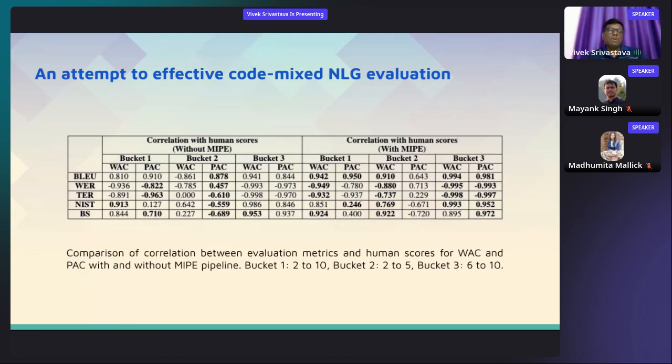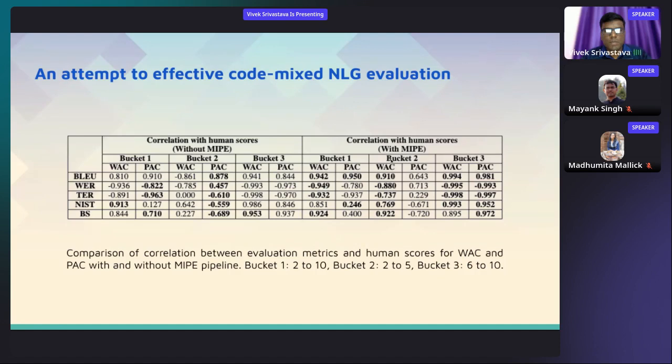So I have initially talked about the correlation between the human scores and the metric scores, and this is how it looks like. So we have bucket 1, bucket 2, and bucket 3. We have two different algorithms, rack and pack, and the bold mark tokens that you're seeing here show that the correlation has improved.